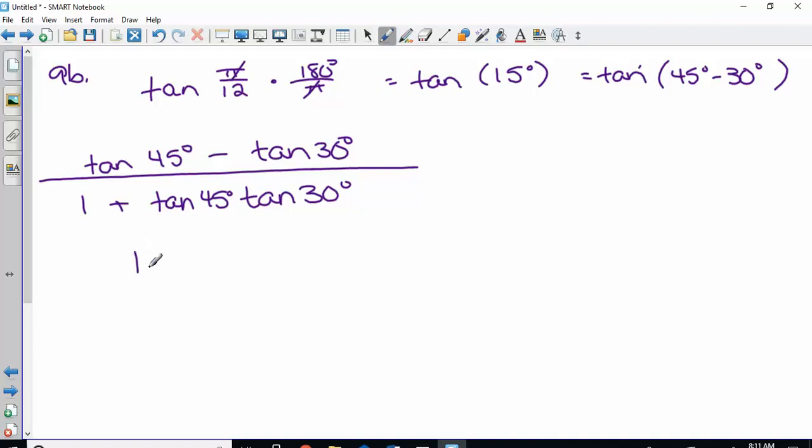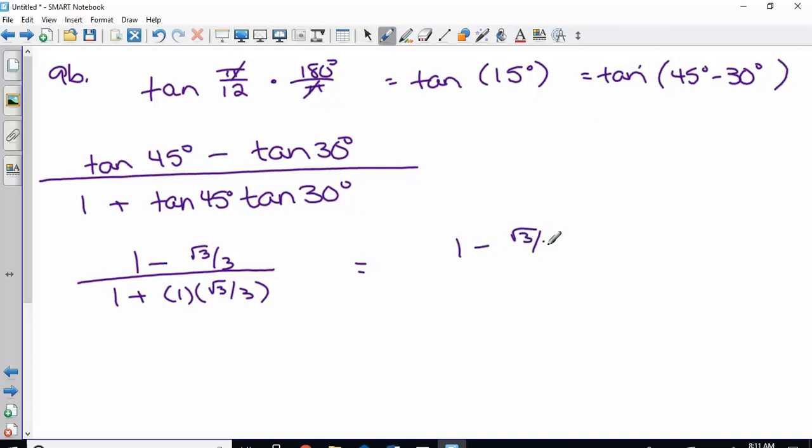Yeah, it's radical 2 over radical 2, which is 1. Tangent of 30 is radical 1 over radical 3, so radical 3 over 3, over 1 plus tangent of 45 is 1, tangent of 30 is radical 3 over 3. So 1 times anything is itself, so we get to here.